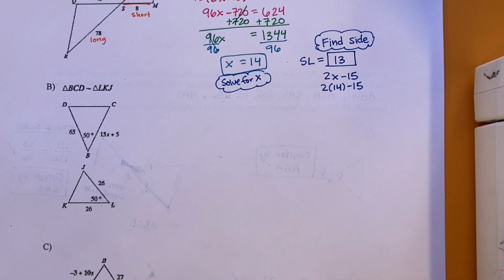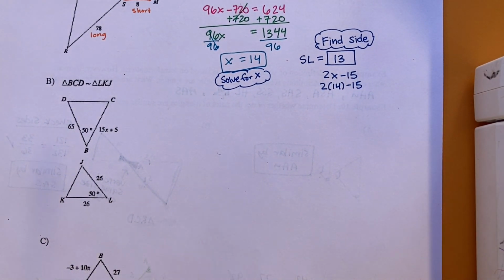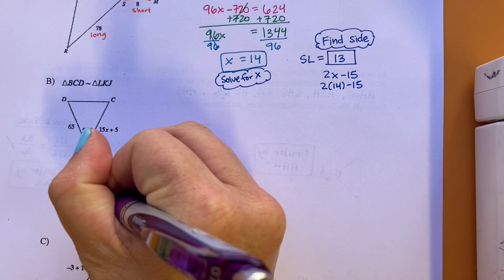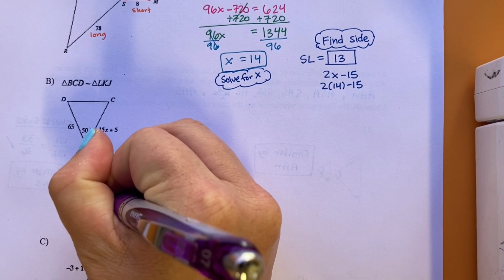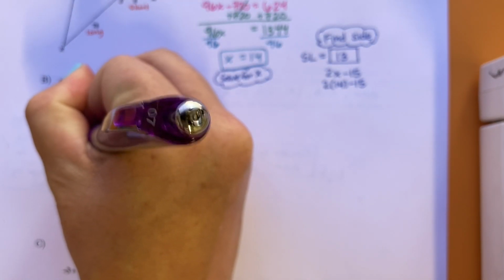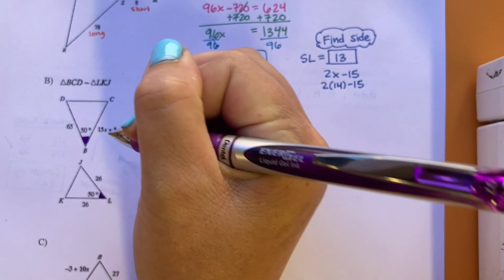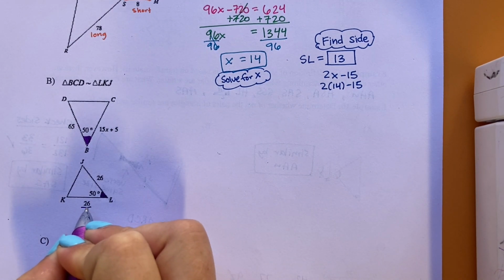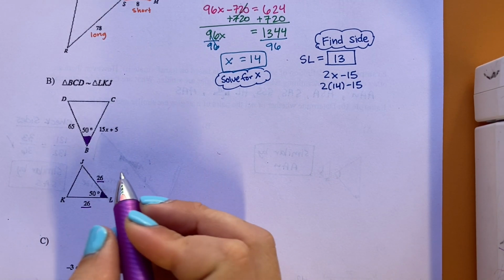Example B. I am given that this angle is 50. This angle is 50. And then they told me that I have a 26 here and a 26 there.